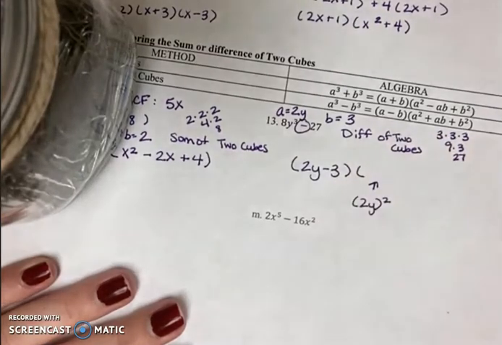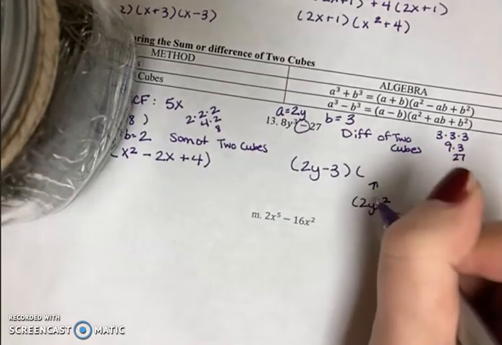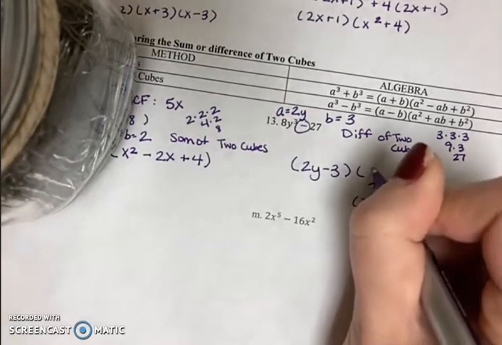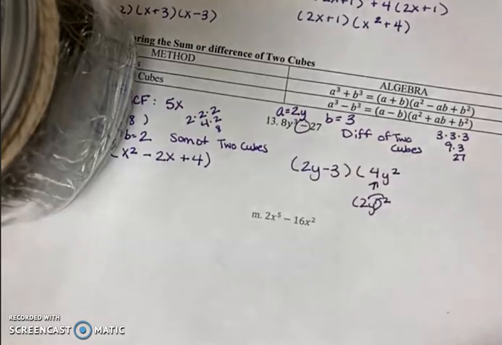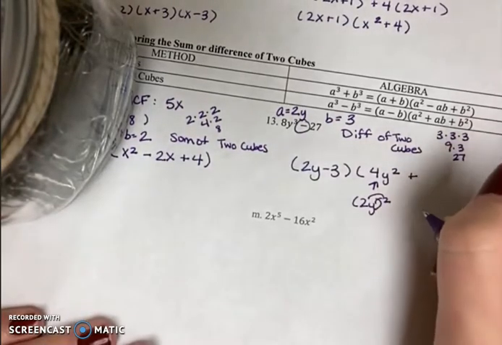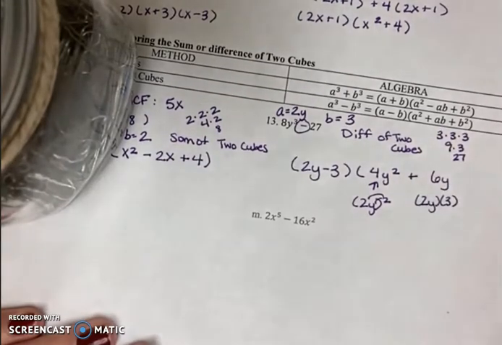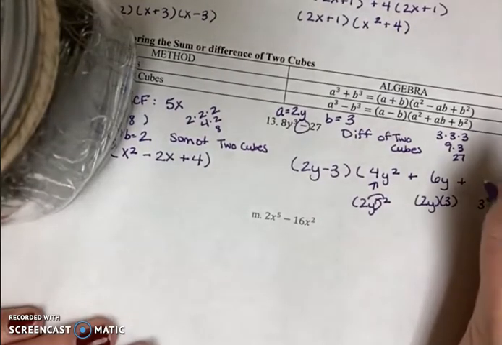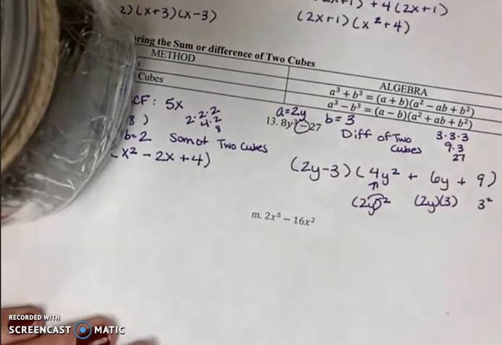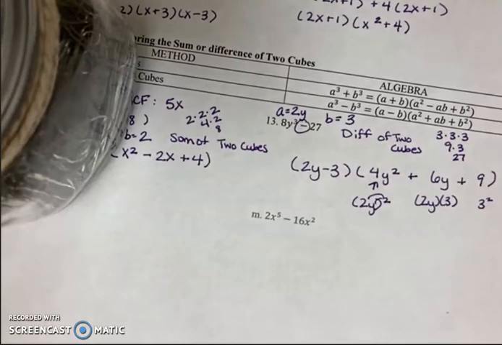Be careful with this one, because both the 2 and the y need to be squared. So this is a 4y squared. Plus a times b, so 2y times 3, that would be a 6y. Plus b squared, so 3 squared is just 9. Go ahead and pause the video and try L and M.